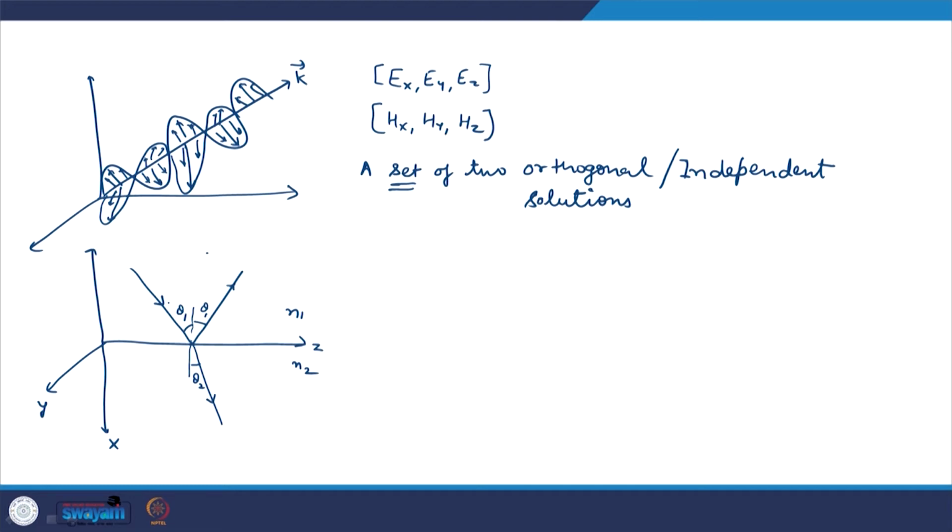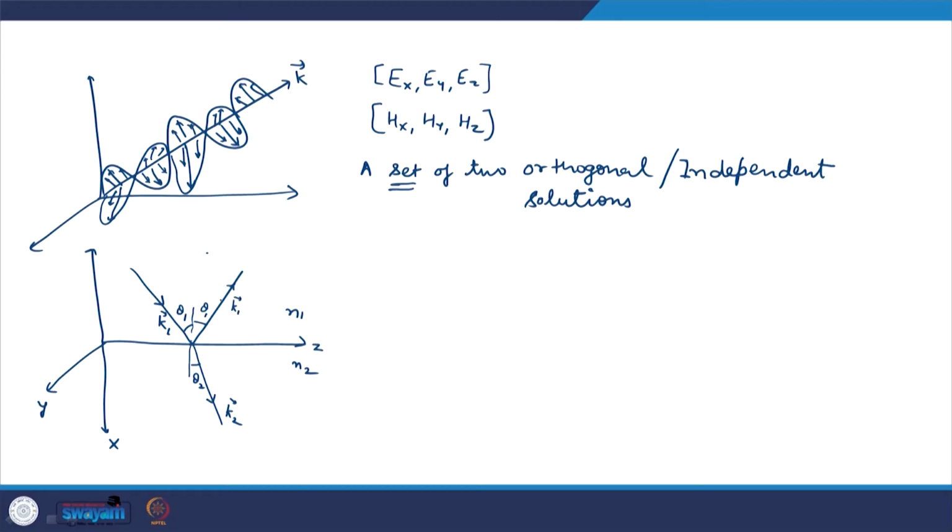We will prove actually that these two angles are equal. But for now, let us say that light propagating in this direction k1 gets partially refracted to this direction and partially reflected.